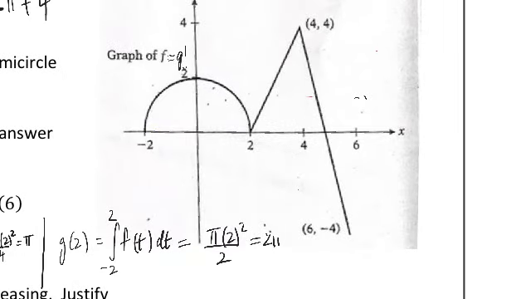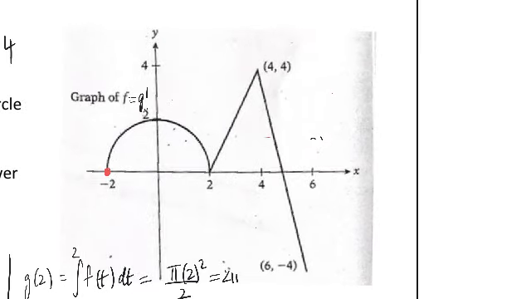Like we figured out G of 0 is 0. So put a point in there, right? Remember, the scale on your G graph is probably going to be different than your scale on your F graph. Okay, G of 0 we figured out was pi, because this circle here had area pi, right? So by the time I'm at 0, I want to be up around pi here, right?